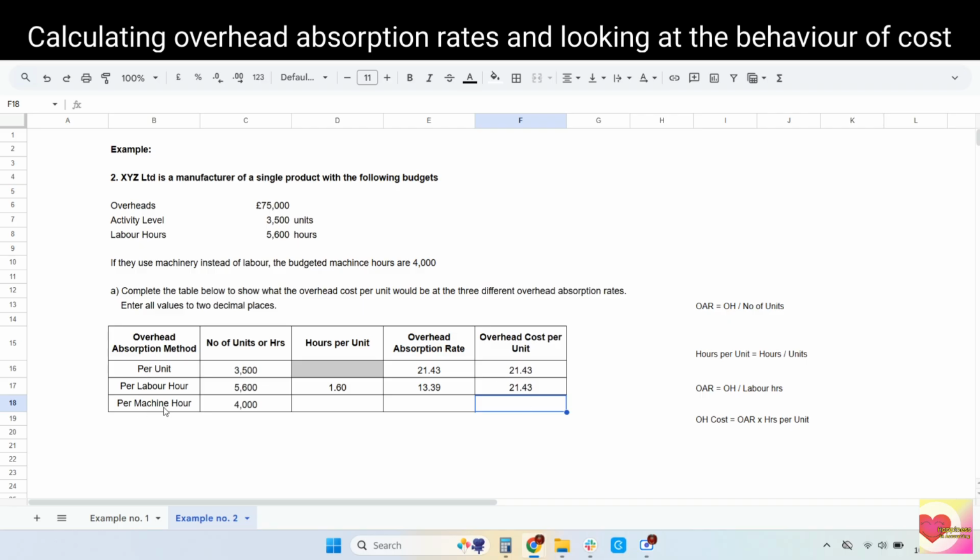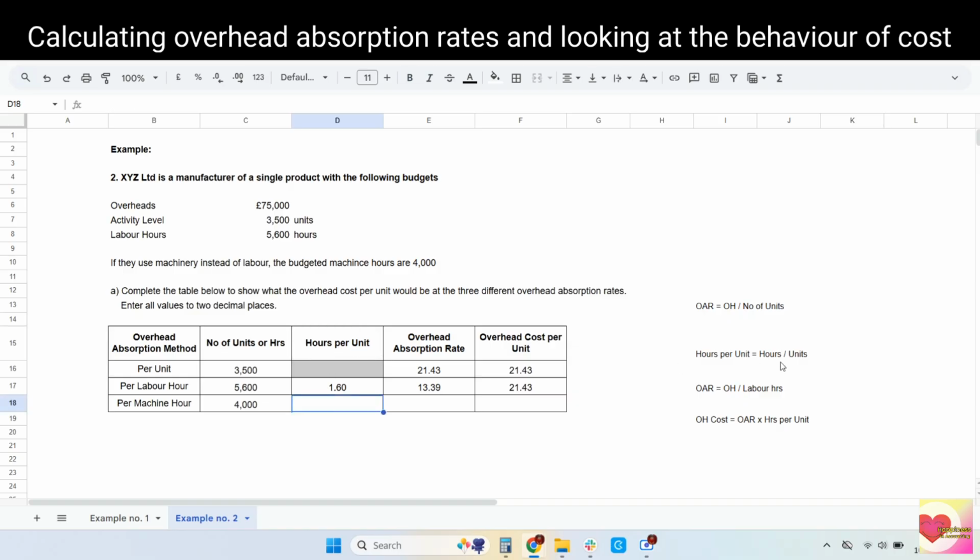Next, our last method, the per machine hour method. The figure that we can see here is the number of hours because our method is the per machine hour method. This is also the same figure that we can see here. We also have to get the hours per unit, OAR, and overhead cost per unit. Let's use the hints that I have mentioned earlier in the per labor hour method.